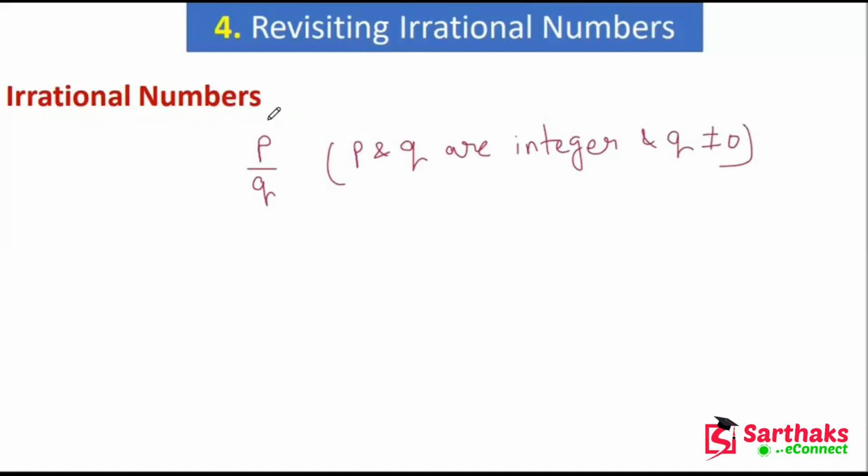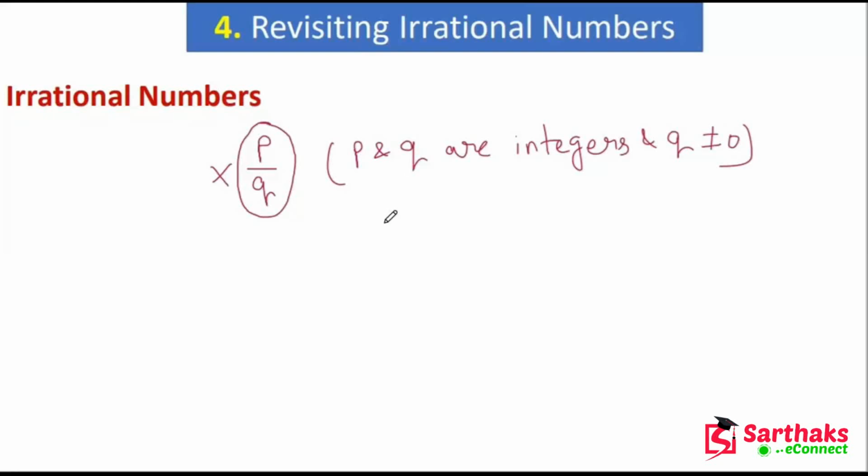So what is an irrational number? Those numbers which cannot be expressed in the form of P upon Q, where P and Q are integers and Q is not equal to 0. I hope you get this point.